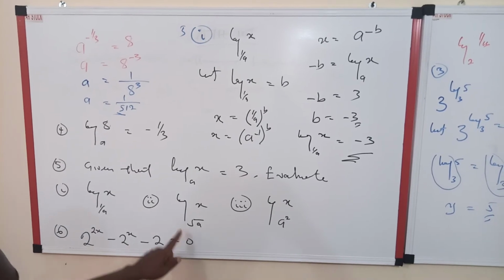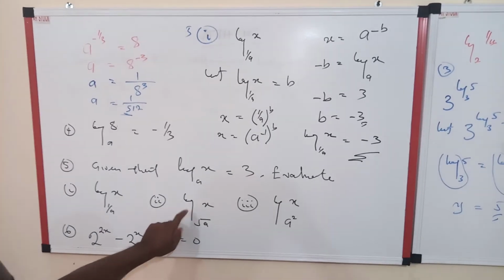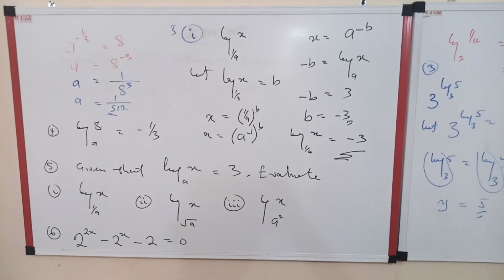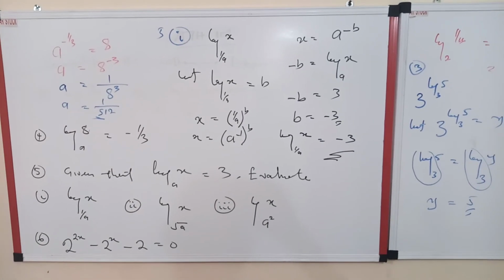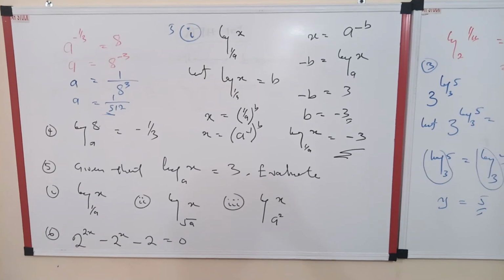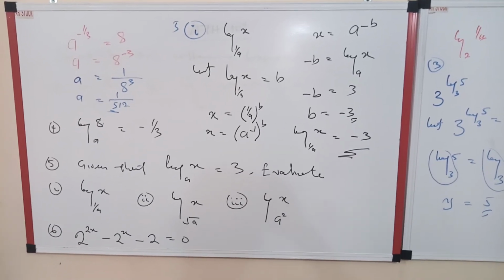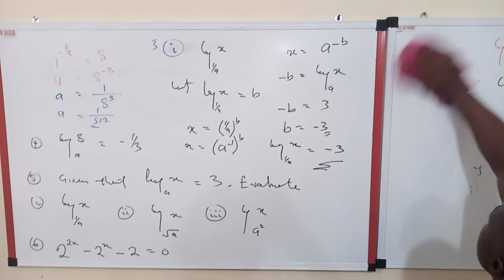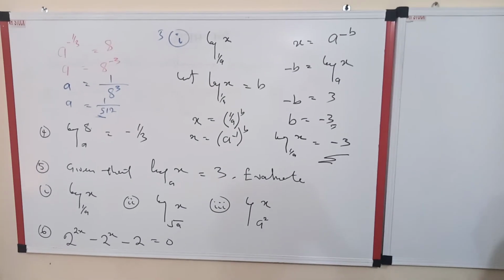Now, in a similar manner, we can also resolve this other part, the log of x in base square root of a. In doing so, let's rub off this side of the board.